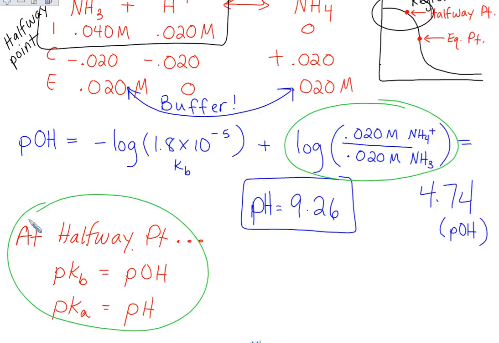If this would have been an acidic solution, maybe my graph would have looked like this. If I was adding the base, it would be kind of opposite. So this might be my halfway point, and maybe this is my equivalence point.